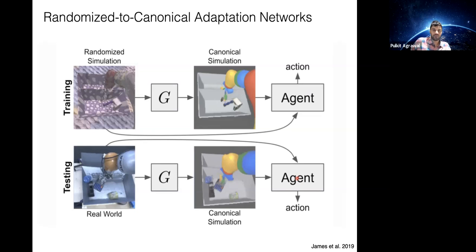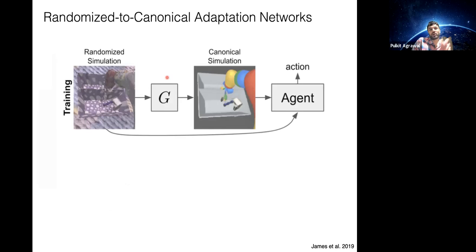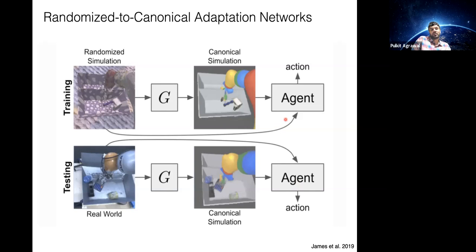So instead of learning a policy which is robust to different augmentations, I'm going to generate multiple augmentations, but learn something which maps these augmentations to a canonical frame, and then learn a policy on the canonical frame. So you can expect that this is going to have a better trade-off for robustness versus peak performance, because my policy is trained just on the canonical frame. This is another method which was proposed maybe 2 years ago.